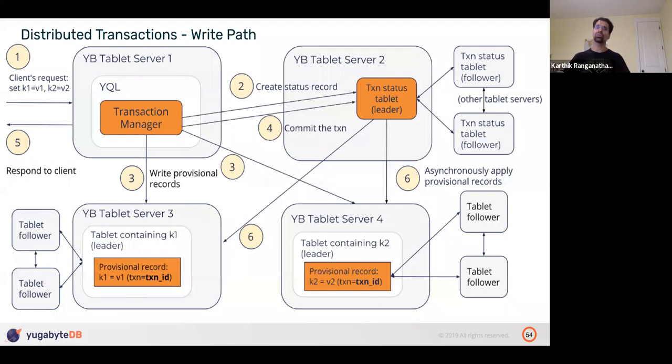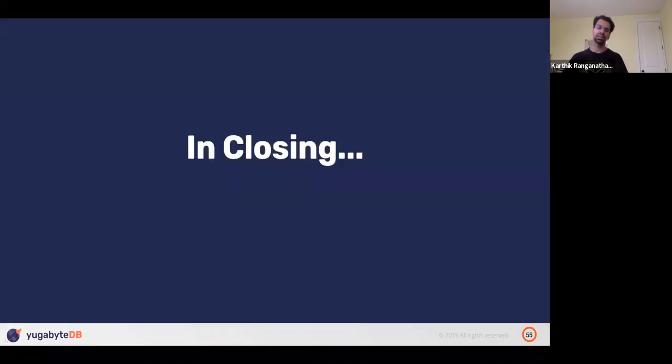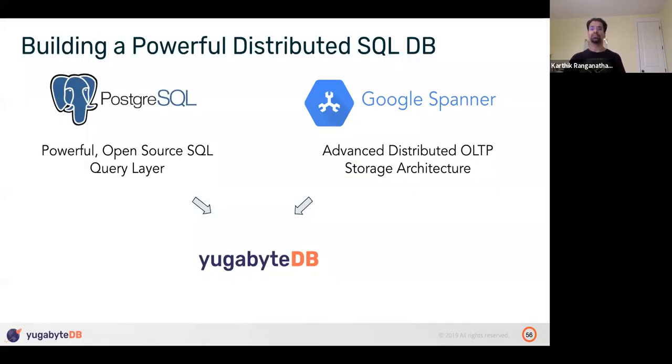So I just wanted to go over a couple of overview points and then open it up for questions. There's one other section that might be interesting, which I have in my appendix, which maybe I can pull up and talk about, right? So our aim was to really build a powerful distributed SQL database. And when we did the analysis, we felt that Postgres is one of the most powerful databases out there as an RDBMS for the query layer and its feature set and its open source nature.